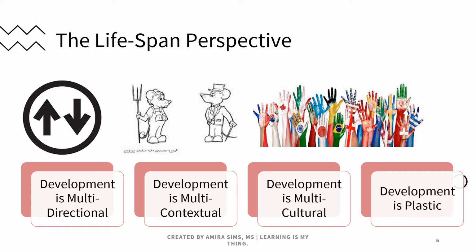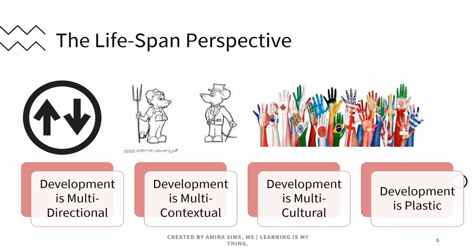Development is multi-contextual, so think about some different contexts. You could think about the historical context. If you grew up in the 1950s compared to the 1990s, obviously you're going to have a slightly different outlook on life. And there are some things that may influence you just from being born in that era. So that's an example of context.